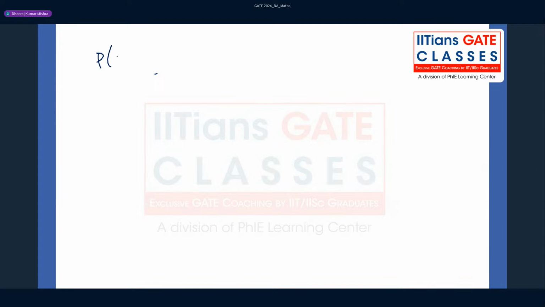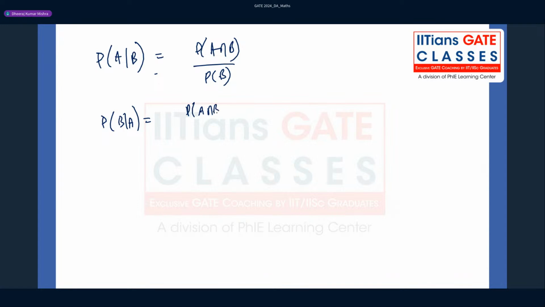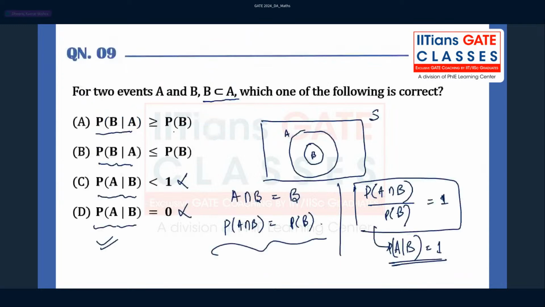Probability of A given B is equal to probability of A intersection B upon probability of B, or you can also write this as probability of B given A equal to probability of A intersection B upon probability of A, right? Understood? From the symmetry you can do. So these two options are eliminated, because you know that the probability of A given B must be 1. Now we have to verify this.